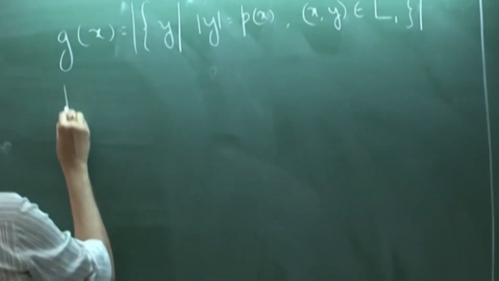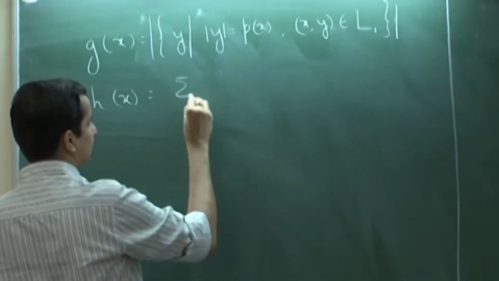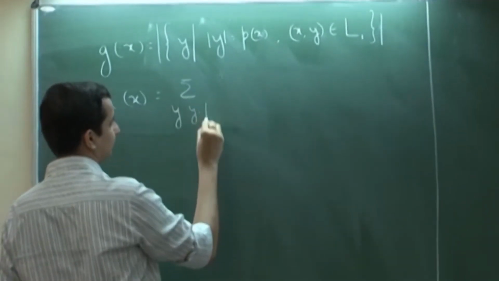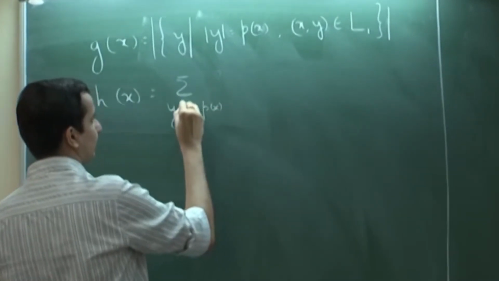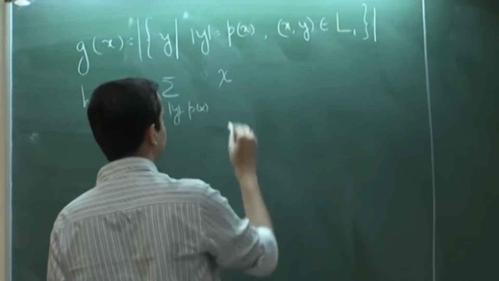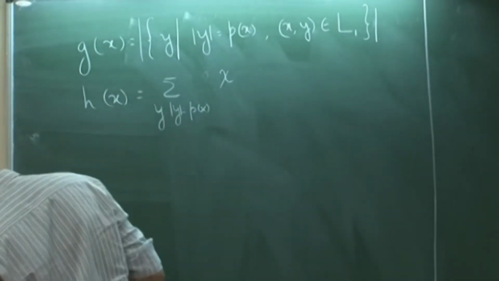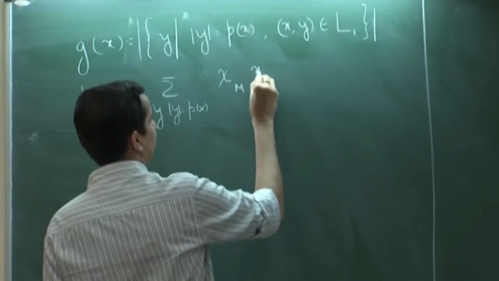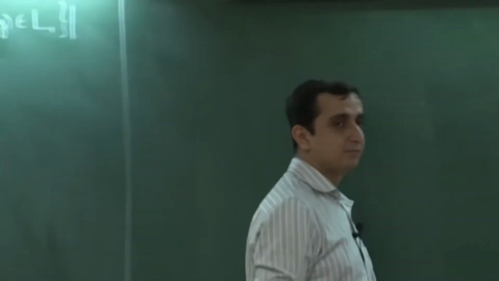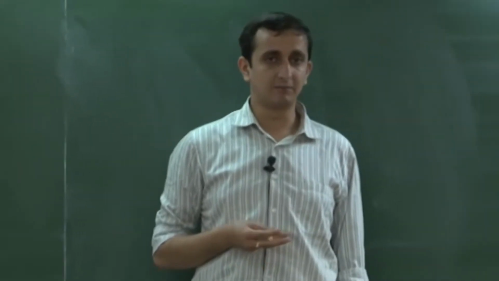And we also had this function h of x, which was the sum over all y's such that y has length p of x of the values chi M of x comma y, where this M was this parity P machine with its modulus boosted up to some 2 to the power q n.